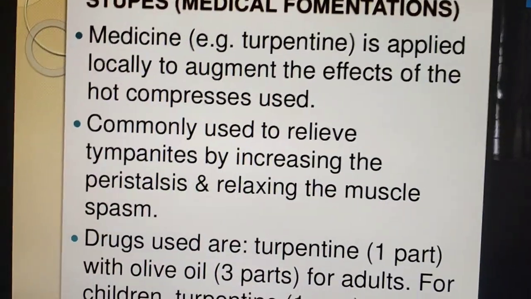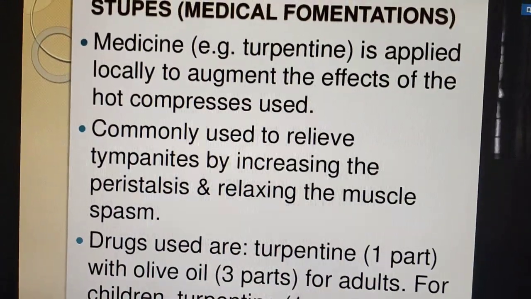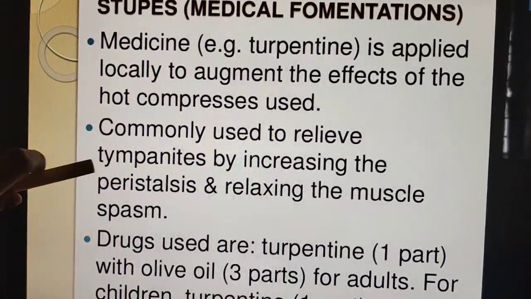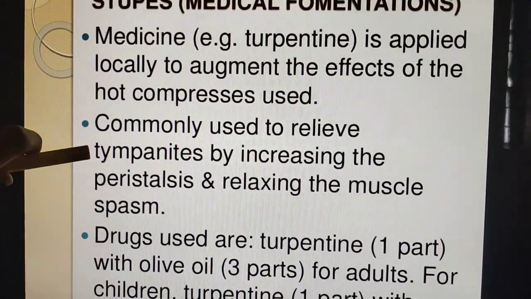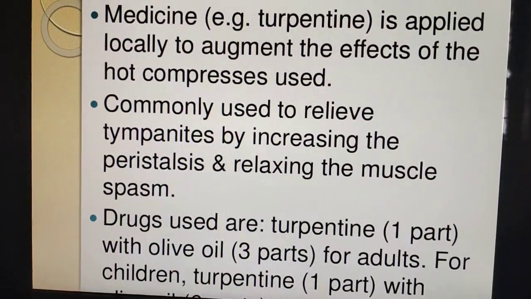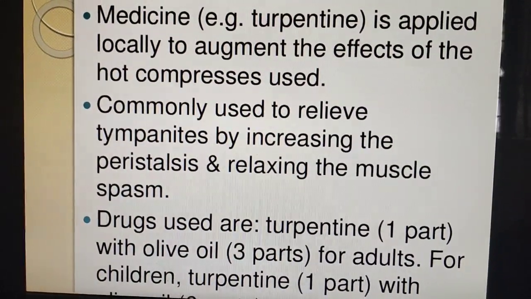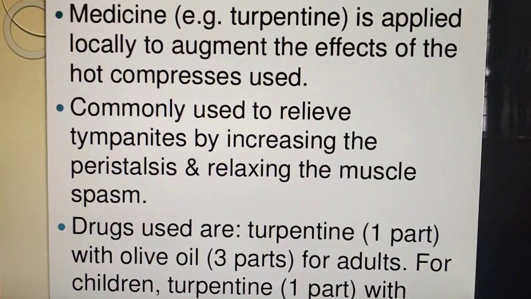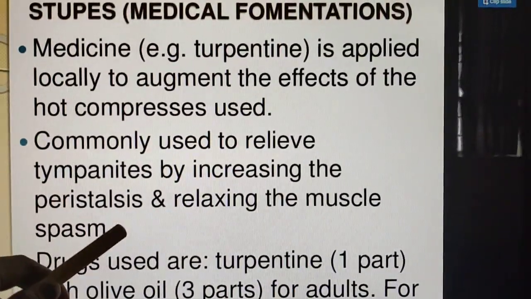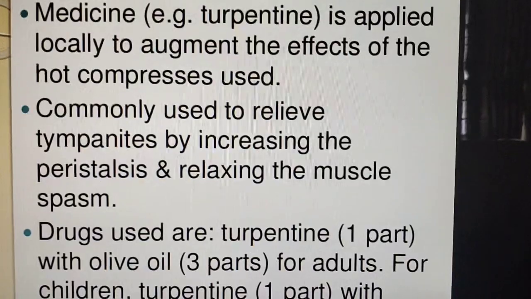Clear, no? It is commonly used to relieve tympanitis. Tympanitis means abnormal distension of the abdomen due to some gas collection. By increasing the peristalsis movement we are using this, and also relaxing muscle spasm.